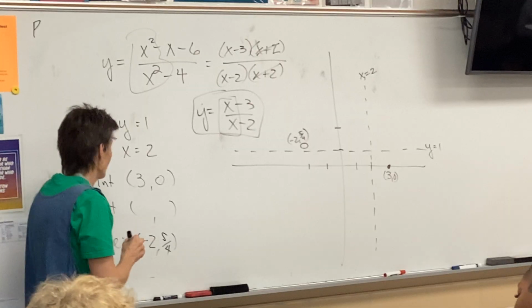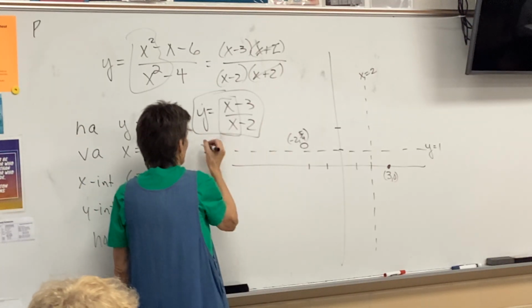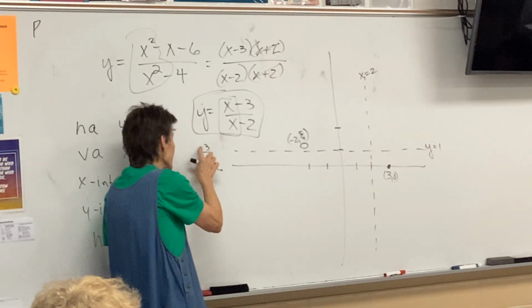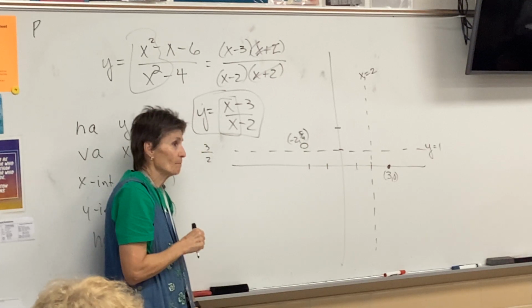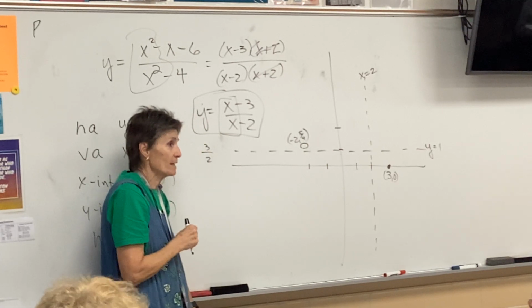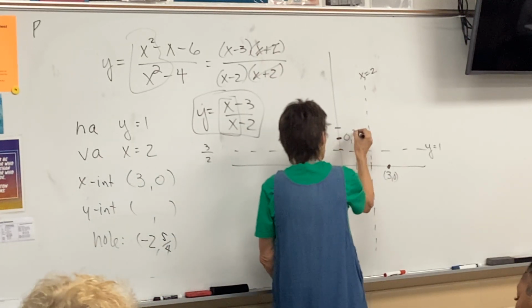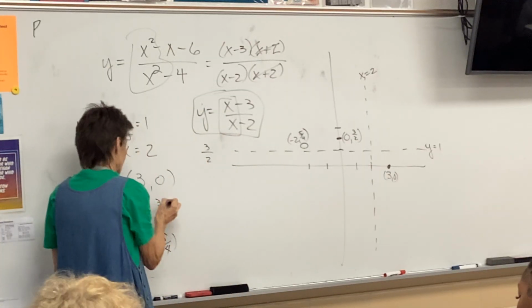Plug in 0. So if I plug in 0, I get negative 3 over negative 2, which is 3/2. You guys got to remember to cancel those negatives. So here we are at 1.5. And that's it.